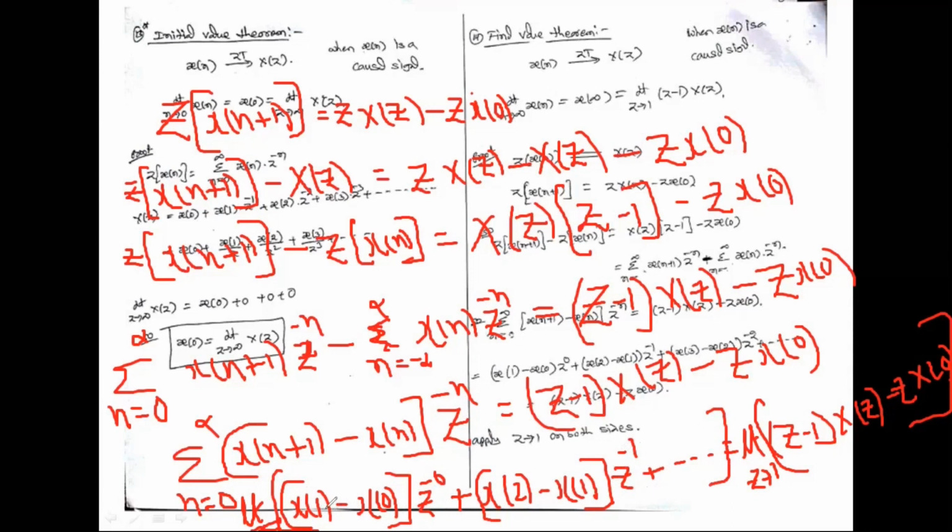And here the x of 1 and the minus x of 1 cancel. Here we get x of 2, and the next term will get x of 3 minus x of 2, z power minus 2, so x of 2 also gets cancelled. So on, all the terms in the left-hand side except the x of 0, remaining all the terms are cancelled. Got it, my dear students?